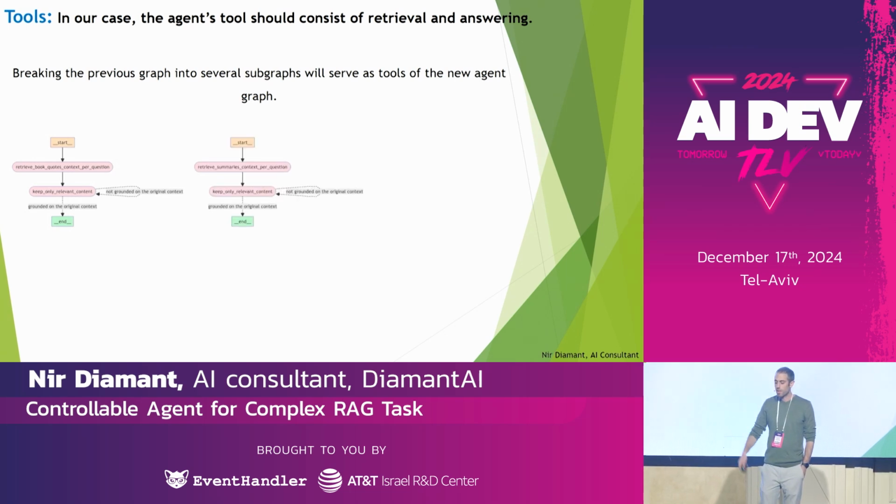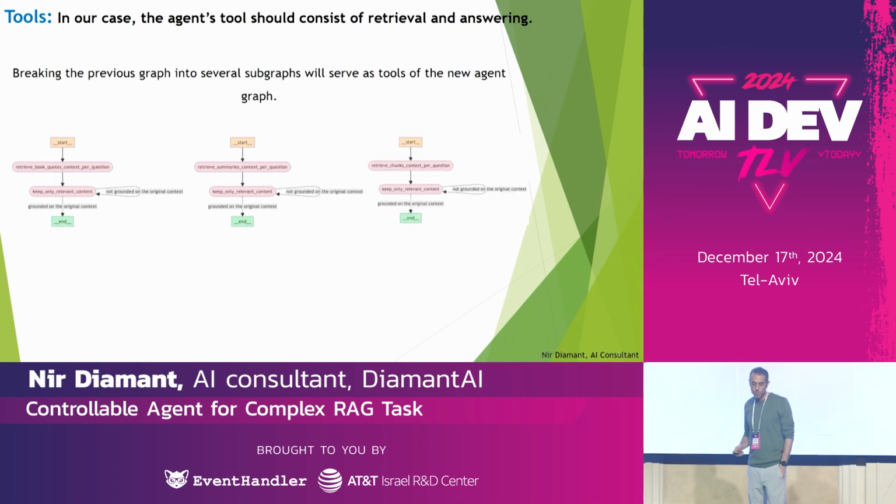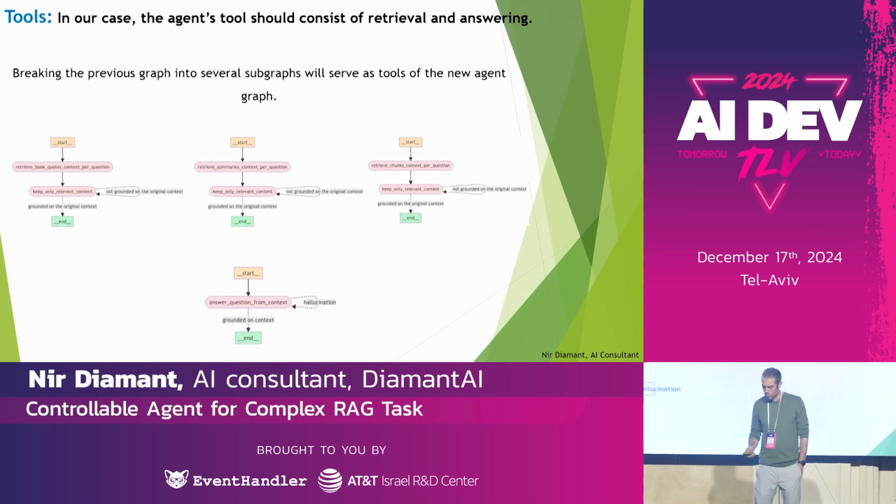We want to have the same for the summaries of the book, and for the chunks. There is an additional family of answer tools. In this case, just one answer tool that answers and verifies it's not hallucination.